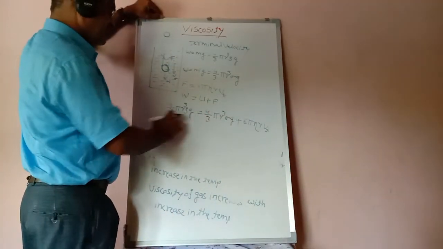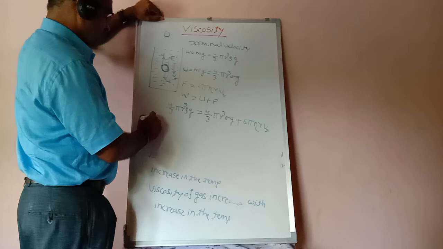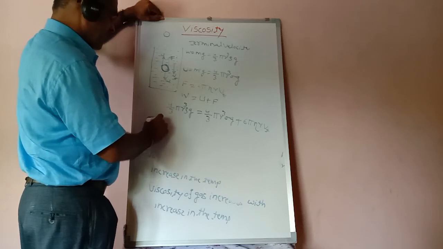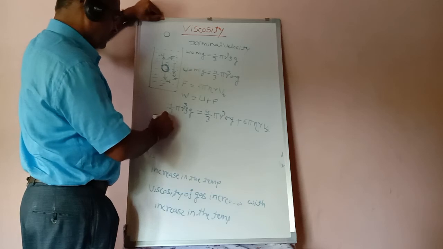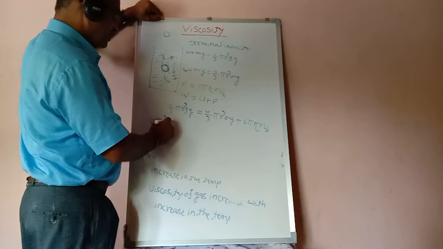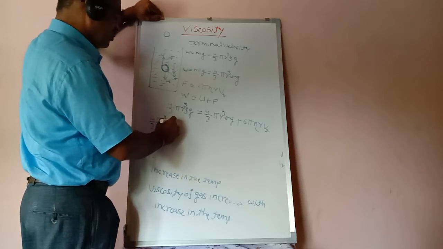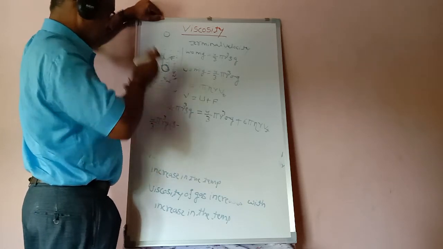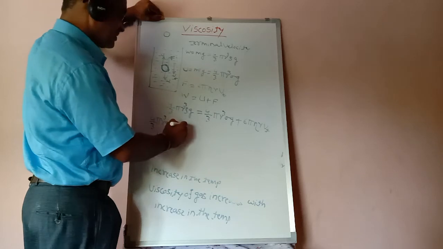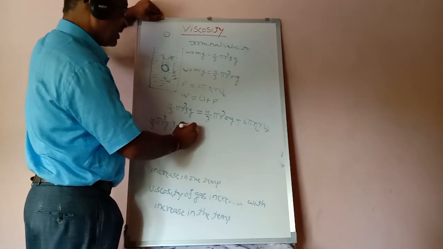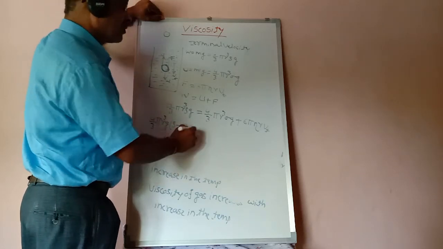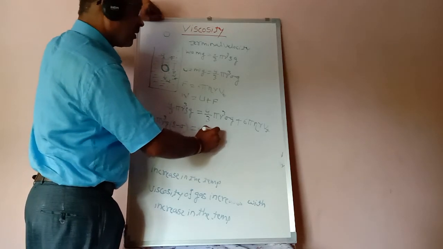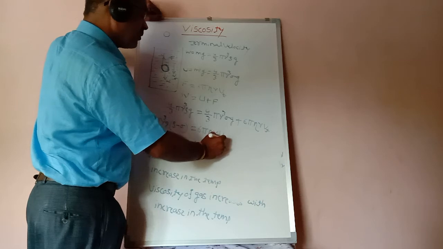So this term is taken to this side: 4 by 3 pi r cube into g into (rho minus sigma) is equal to 6 pi nu r into Vt.